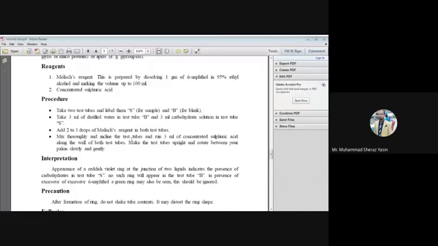Then you will take 3 ml of distilled water and transfer it into the B test tube, which is labeled as blank, and you will take 3 ml sample solution in which you need to detect the carbohydrates. You will take 3 ml sample or carbohydrate solution in the test tube which is labeled as S, for sample.